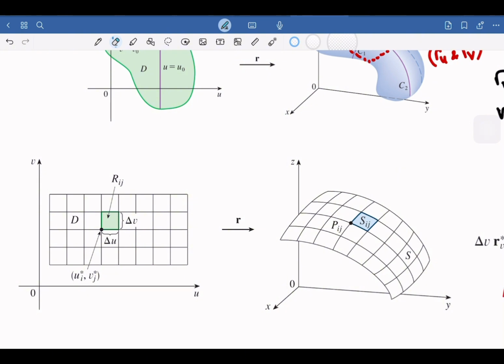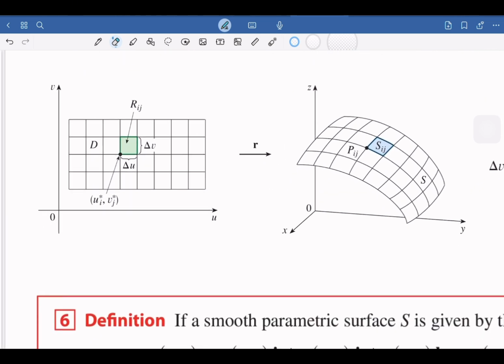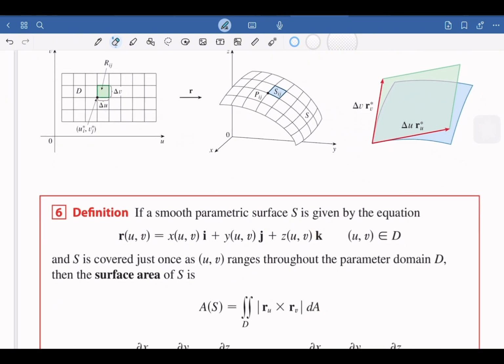We say we have a delta u and delta v, and based on this transformation R, this is practically the same rectangle that is projected to the uv. Let's say this is called the patch. Or let me write the definition.